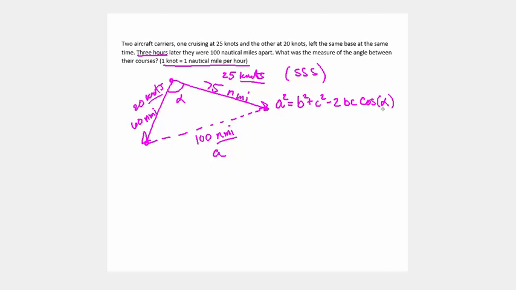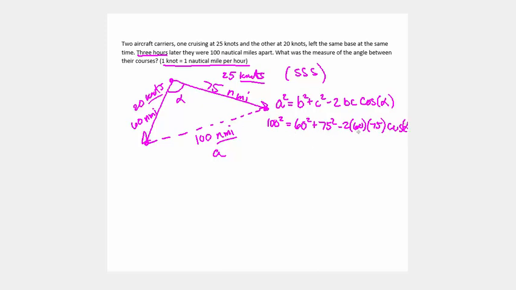If we plug our numbers into it, we'll end up with 100 squared equals, it doesn't matter which number you use for b and c, we'll just pick some. So one of their measures was 60, so 60 squared, plus the other one was 75, so 75 squared, minus 2 times 60 times 75 cosine of alpha.